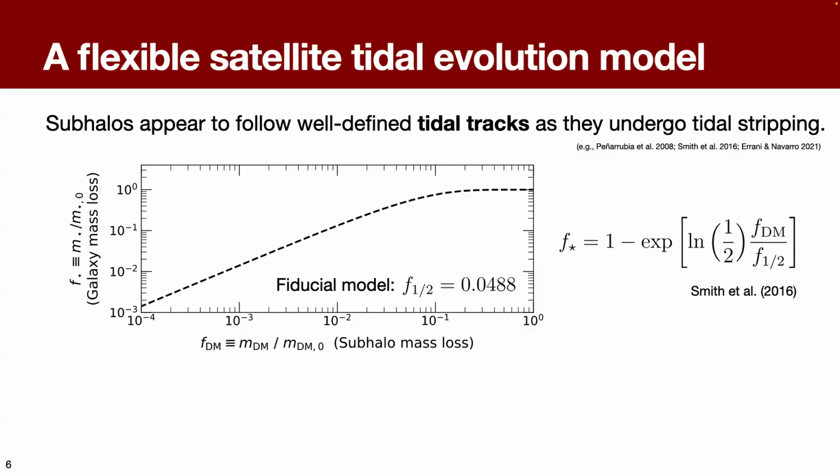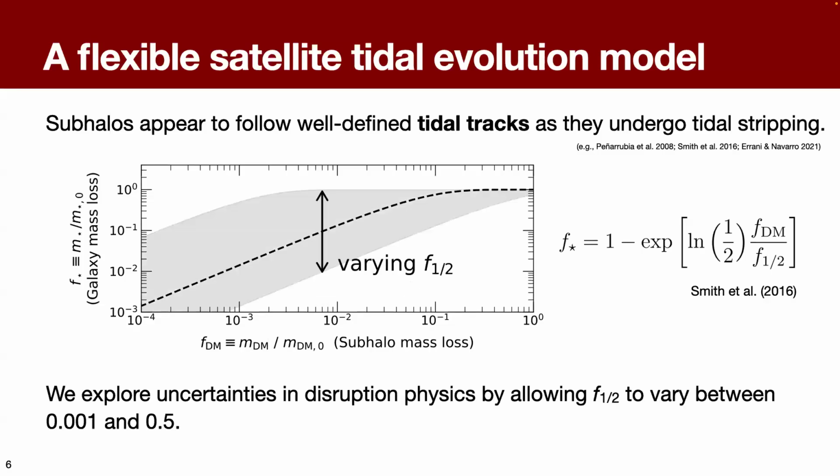Yeah, so for all of these reasons, we allow f_1/2 to vary between 0.001 and 0.5 in our model so that we can explore these uncertainties.